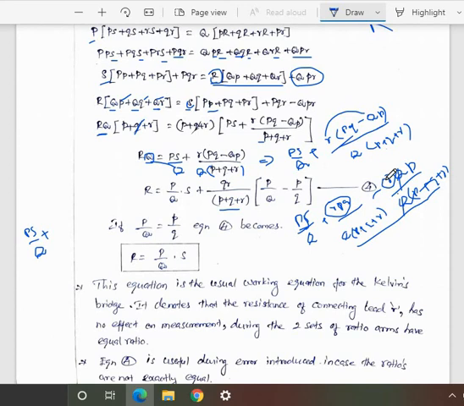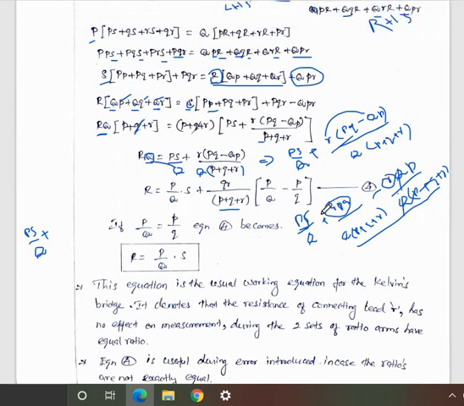R is a common point, so I will take QR as the common point. R is there but Q is not there, so divide by the small q, that will be eliminated here.